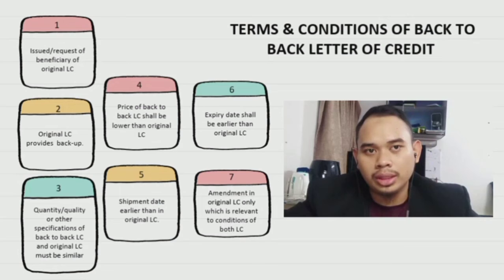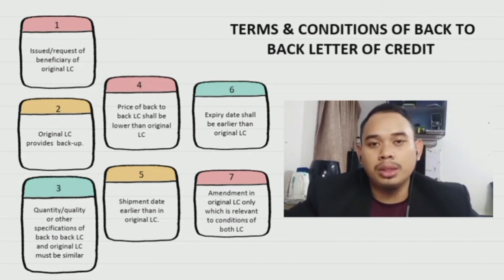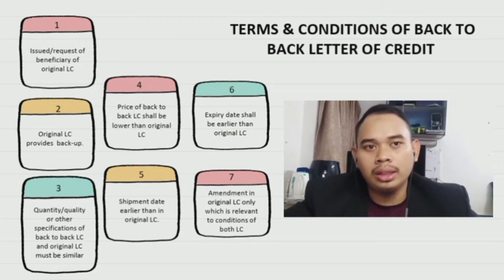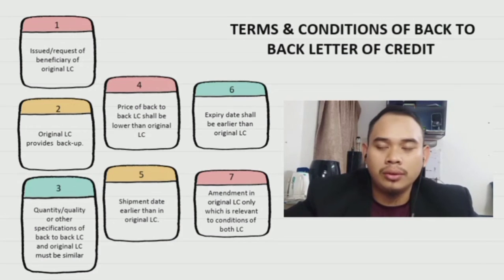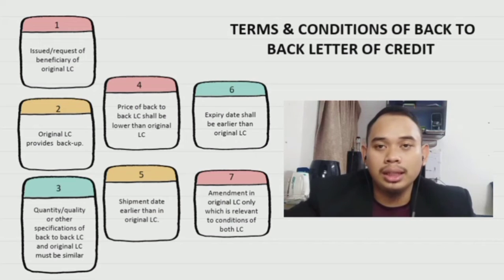Next, the terms and conditions, such as the quality, quantity, and other specifications of the goods or services of the back-to-back letter of credit and the original letter of credit must be similar. Next, the price and amount of the back-to-back letter of credit shall be lower than the amount of the original letter of credit.